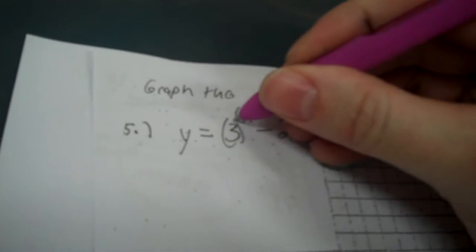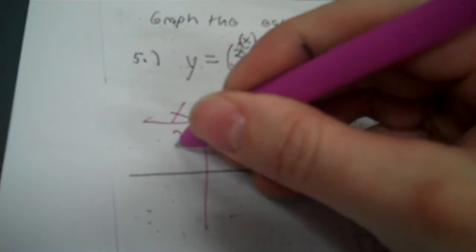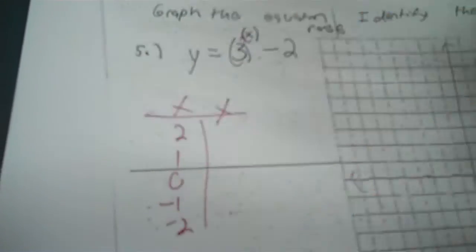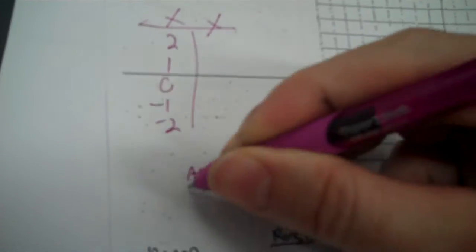Graph the equation, identify the domain and range. Now, if you have an exponential function, because it's 3 to the x power, you're just going to put in 2, 1, 0, -1, -2. Now, all you're going to worry about to begin with, and you also are going to have that line known as the asymptote, okay? And the asymptote always starts with y equals 0, okay?